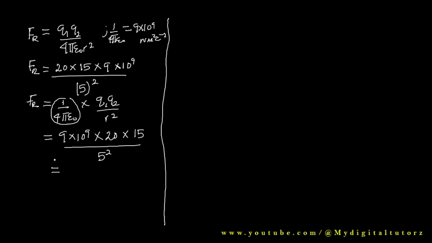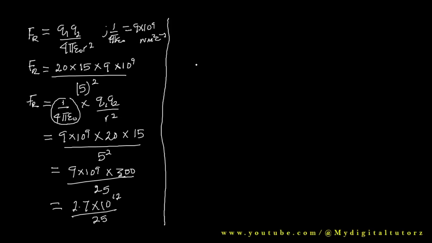So just multiply 20 by 15, so I have here 9 times 10 raised to power 9 multiplied by, what is 20 by 15? That will give us 300. So we have here 300 all over 5 squared, that will be 25. So we have 300 multiplied by 9 times 10 to the 9, that will give us 2.7 times 10 raised to power 12, everything divided by 25.